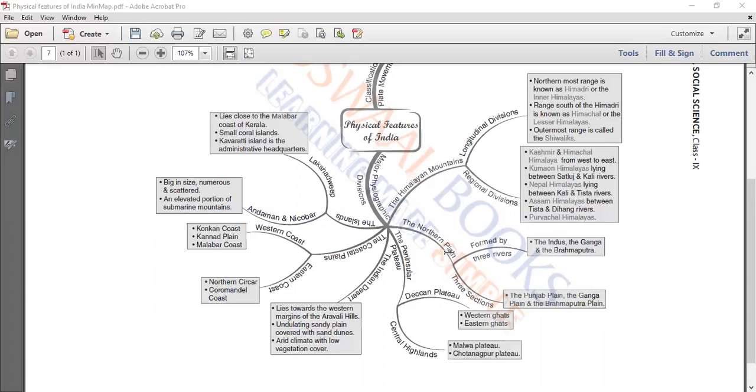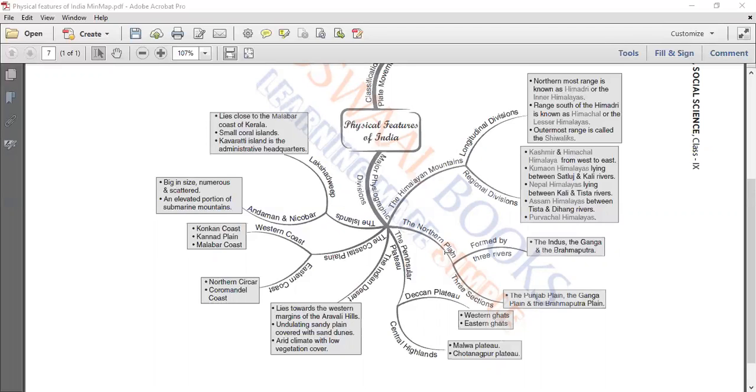So we learned about 5 major physiographic divisions: the Himalayan mountains, the Great Northern Plains, the Peninsula Plateau, the Western and the Eastern coastal plains, the Indian islands.